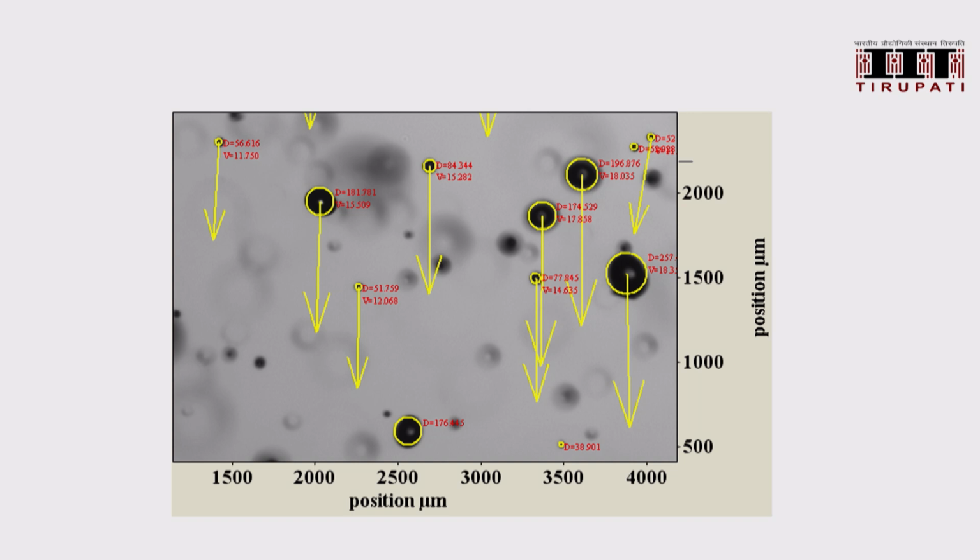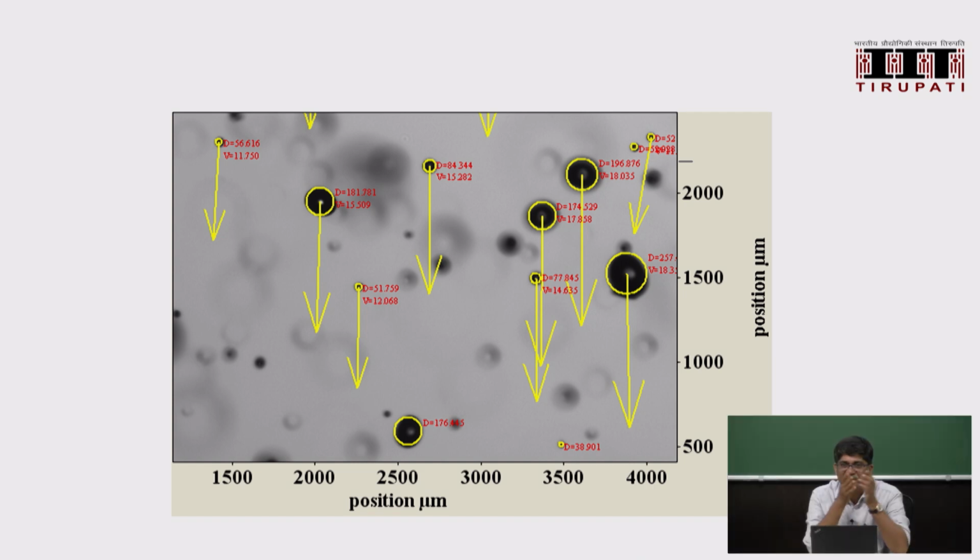The only things to consider are the time difference between the two frames I take, and the field of view I have to have. That depends on the resolution. Let's say my pixel resolution is 10 micron per pixel, I can't measure a 10 micron drop, because at 1 pixel there will be noise, right?